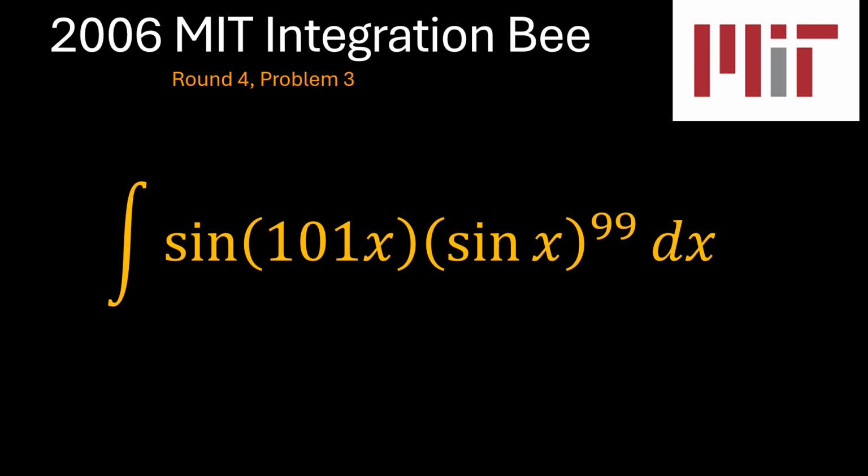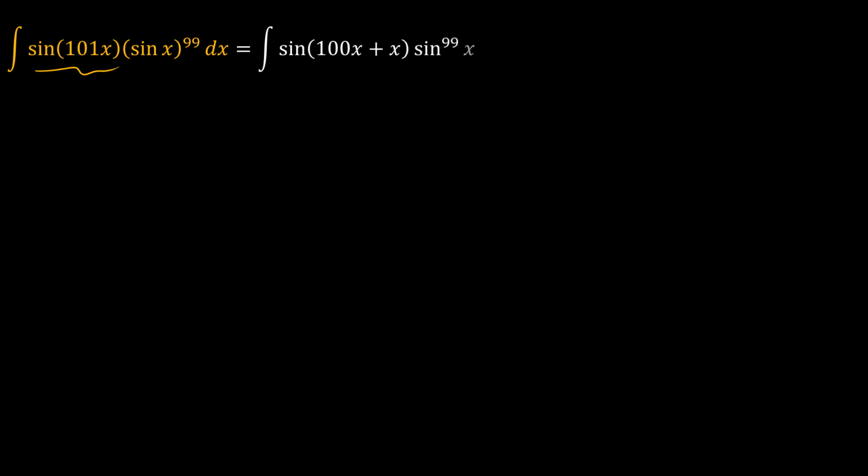Obviously, the contestants were not able to solve this in the allotted time, but it's a very easy problem to solve. Personally, what I would do is focus on this first part here, and that is the same as sine of 100x plus x, times sine to the power 99 of x.